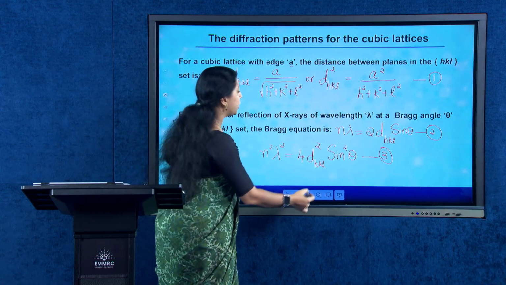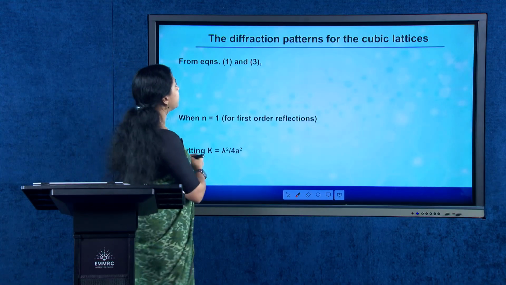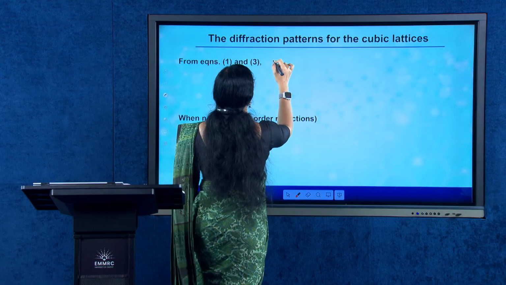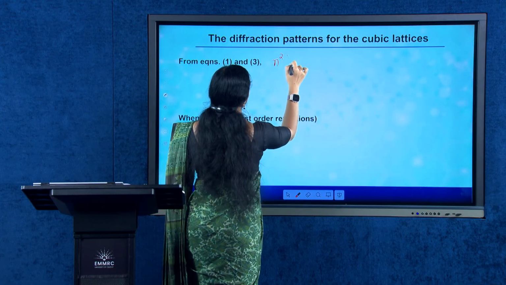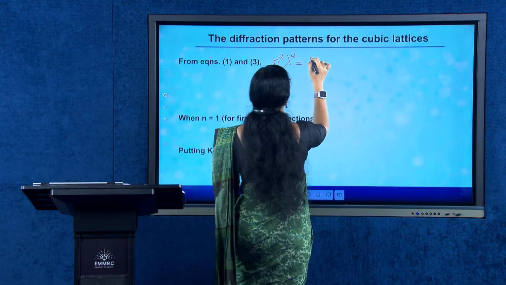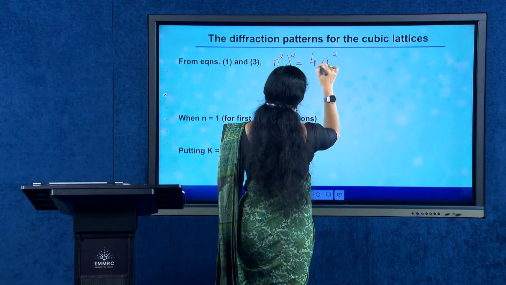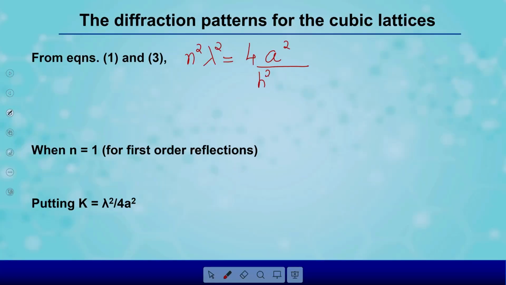So, if we substitute that value in equation 3, from equations 1 and 3, we will have n square lambda square is equal to 4 into a square by h square plus k square plus l square into sin square theta.